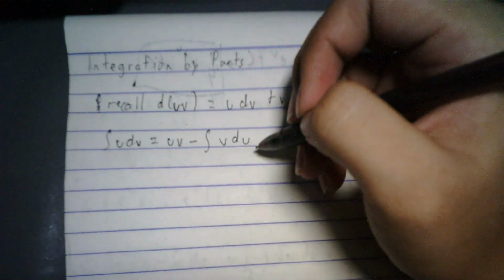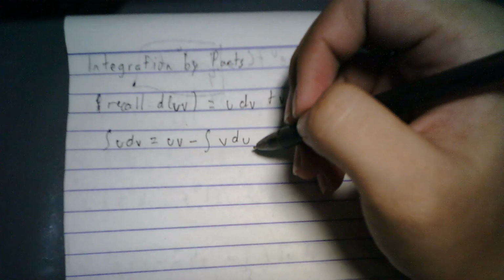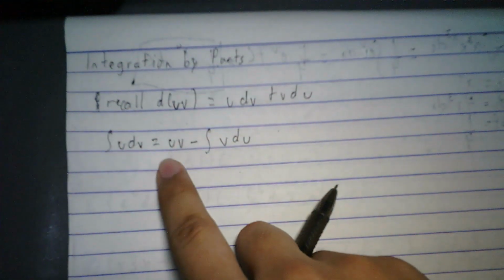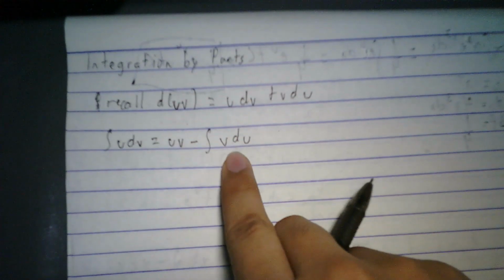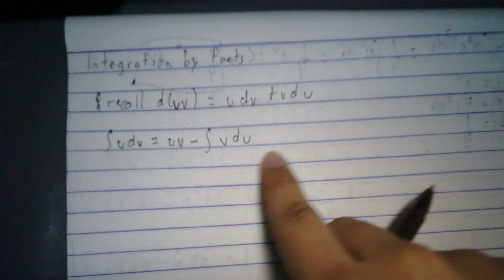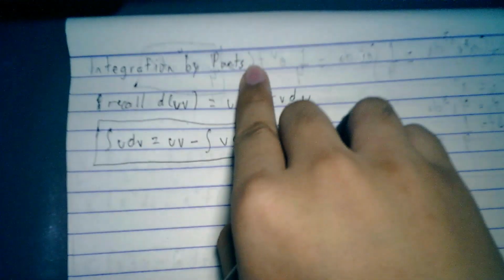So guys, there are two parts you need to find before solving an equation: you need to find the u and the dv. This is our formula for integration by parts.